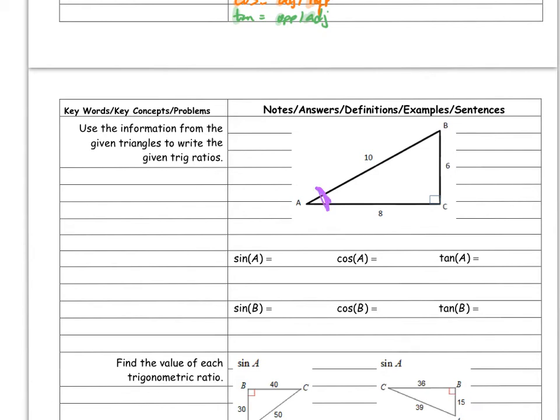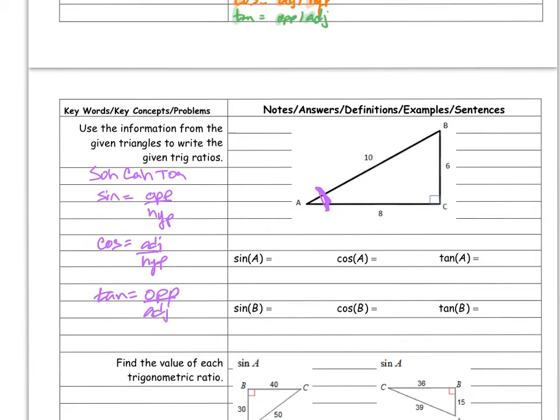So if I'm going to write it out over here, sine equals opposite over hypotenuse, right? SOHCAHTOA. Cosine equals adjacent over hypotenuse. And tangent equals opposite over adjacent. So those are what I'm looking for.